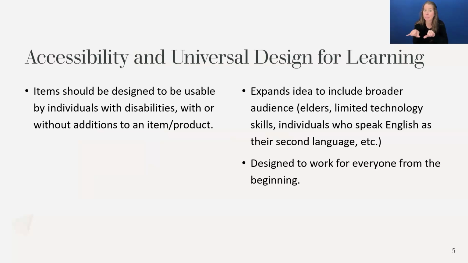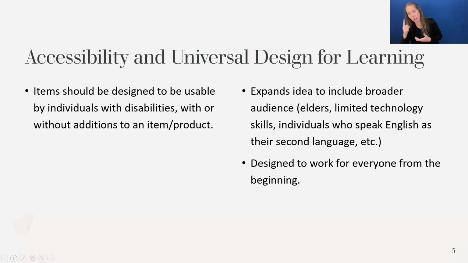So UDL looks at reducing other barriers to learning. So for example, those that may have limited or no technology skills, or maybe individuals who speak English as a second language, and so forth. And so we want to start or create content with accessibility at the forefront, instead of having it be an afterthought.